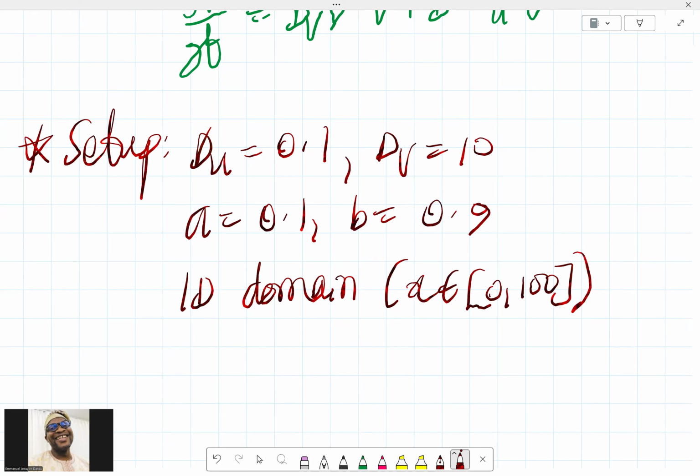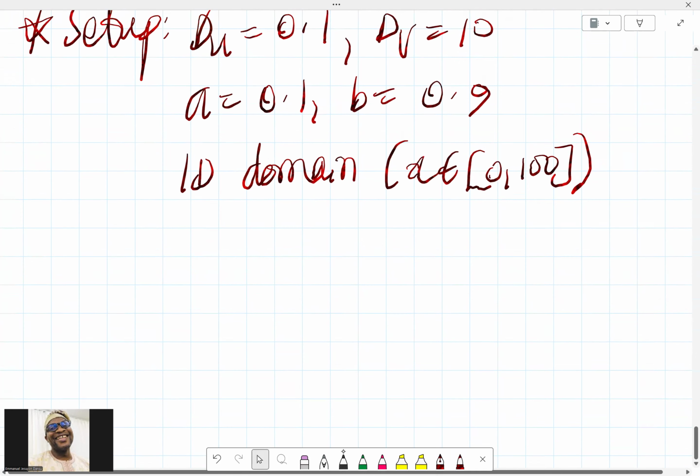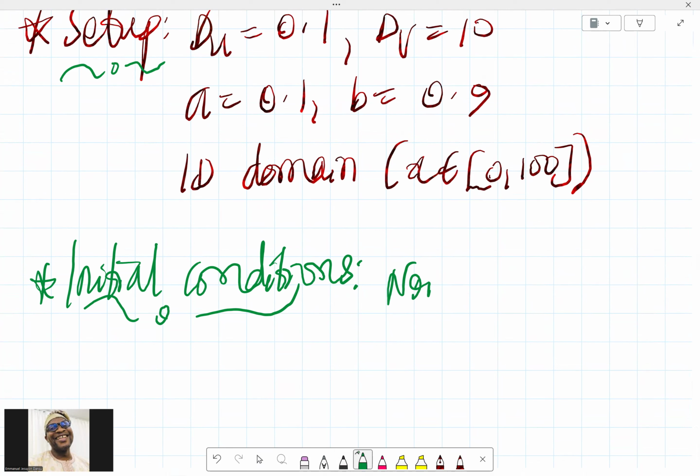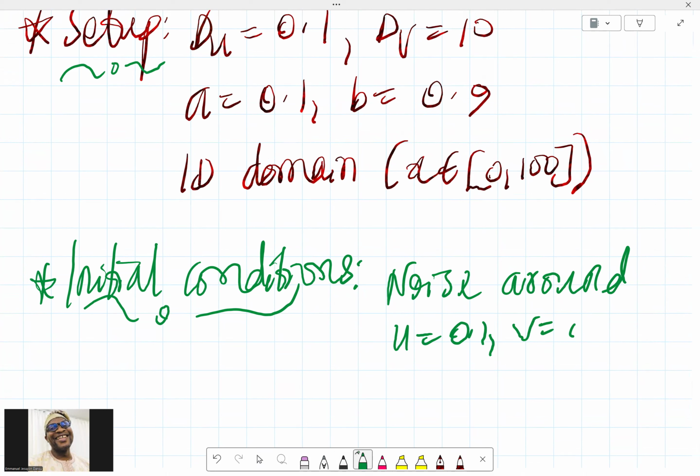Then we can talk about the initial conditions. If you want to write a code, these are guidelines that you can follow. I'm going to show a Python code at the end of the day, just one example at least. So you have noise around, something like U is 0.1 and V is 0.9.